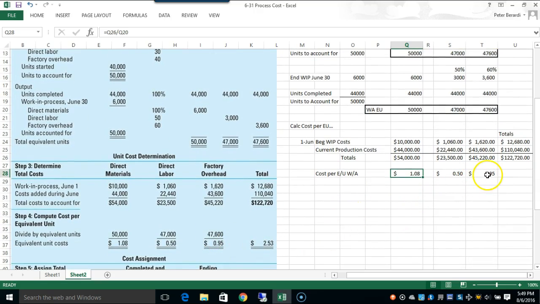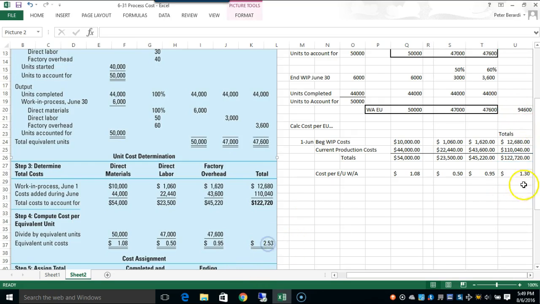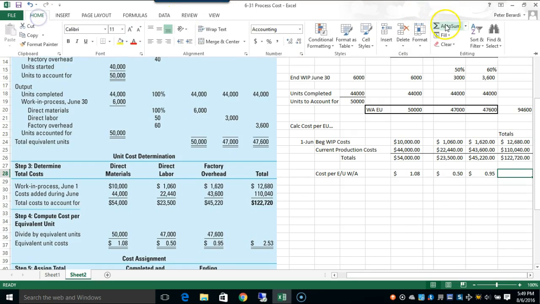And as you can see, we tie out. Simply add them.